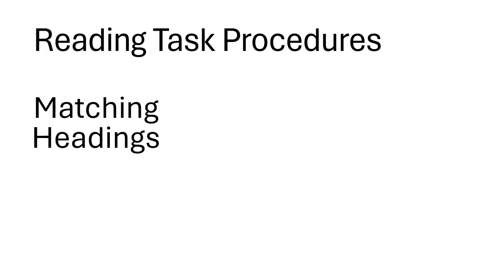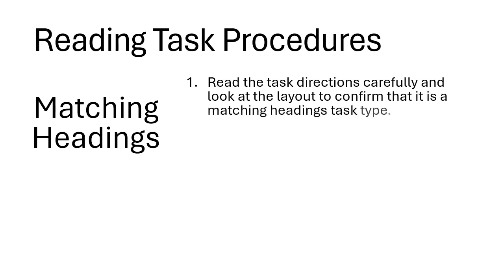So right now, I am going to give you the theoretical steps that you can follow to answer any questions on matching headings. Now, the first step is to read the task directions carefully and look at the layout of the question type to confirm that it is a matching headings question type.